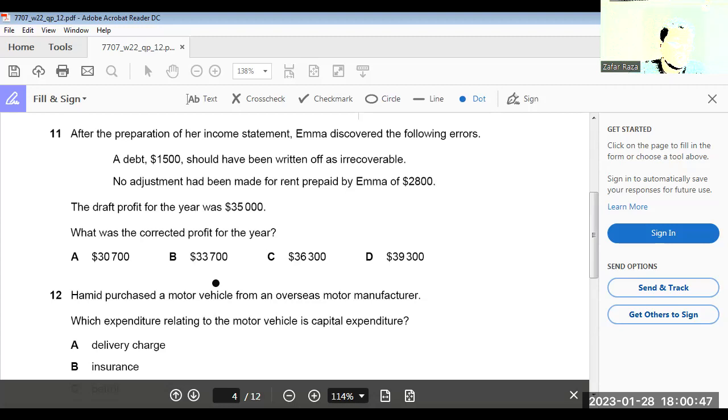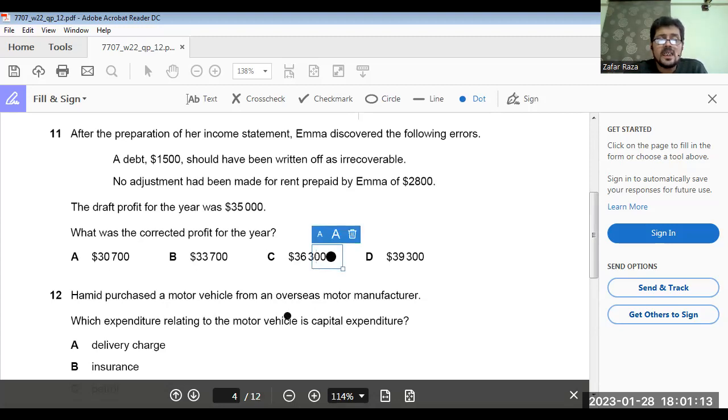Now, 1,500 bad debt written off, minus 1,500. And 2,800 is going to be added because when we adjust prepaid in expense, our total expense decreases because of any prepaid expense. When something decreases expenses, it ultimately increases profit. 2,800. 36,300, C option should be the answer.